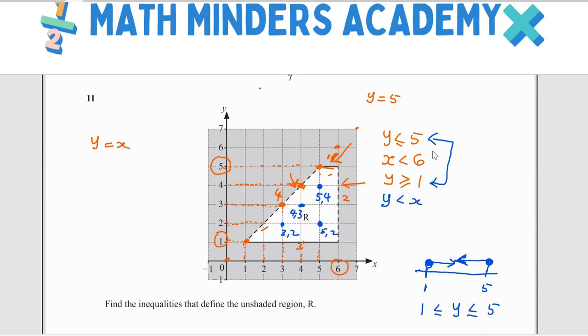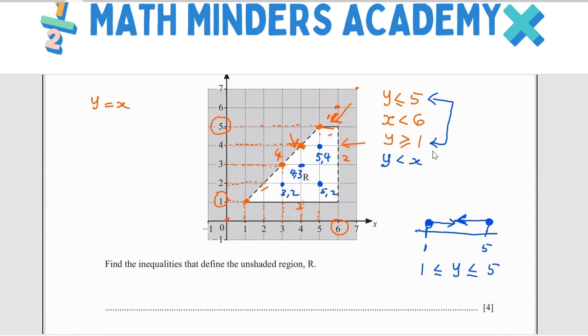Now, with all of this together, these are the inequalities that define the unshaded region R. The first inequality is S less than 6. The second one is Y less than S. And the third one is 1 less than or equal to Y less than or equal to 5.